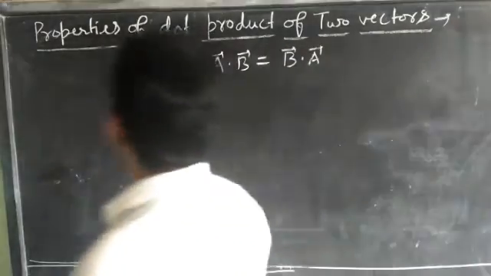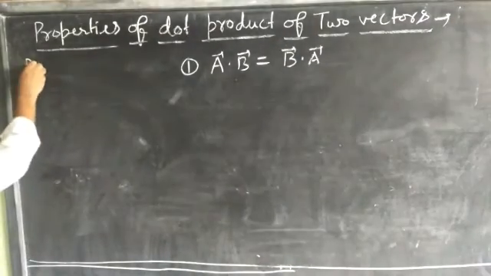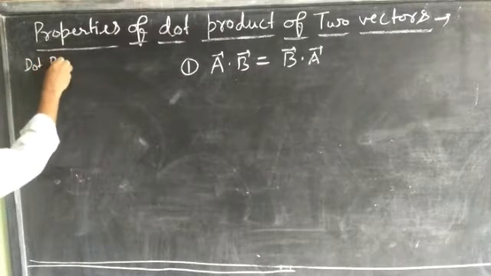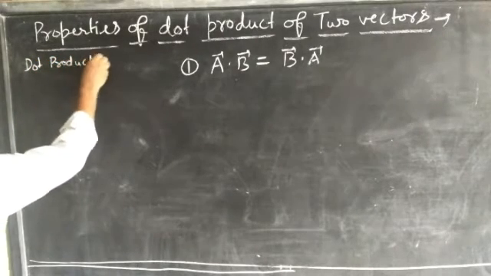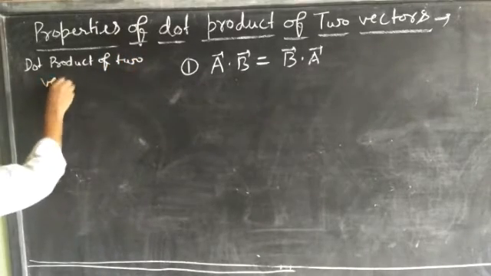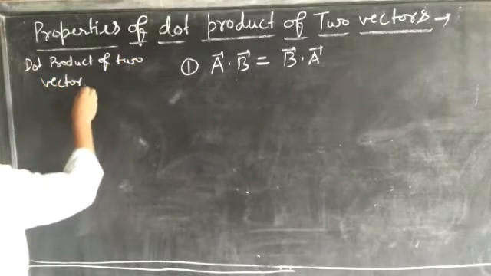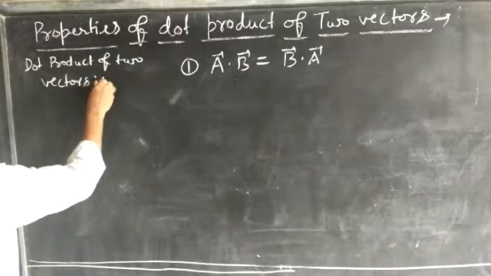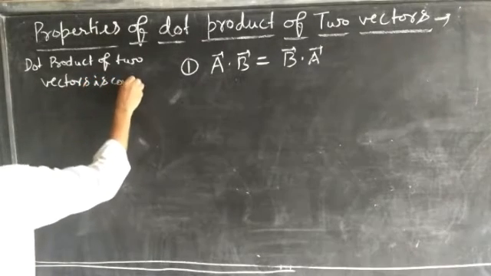A dot B, the dot product of two vectors, is commutative.